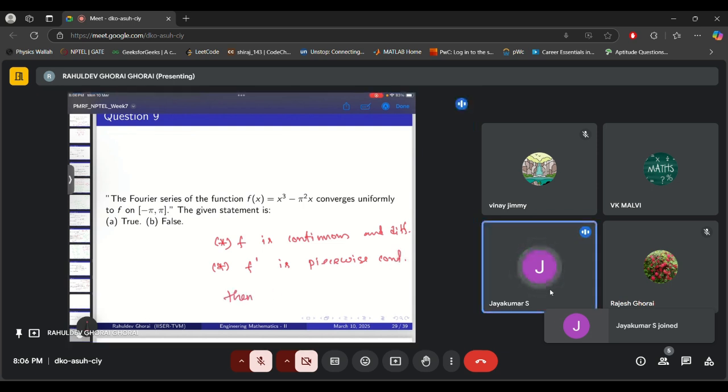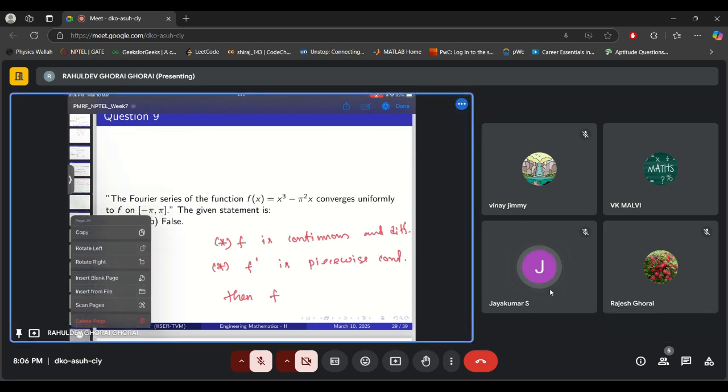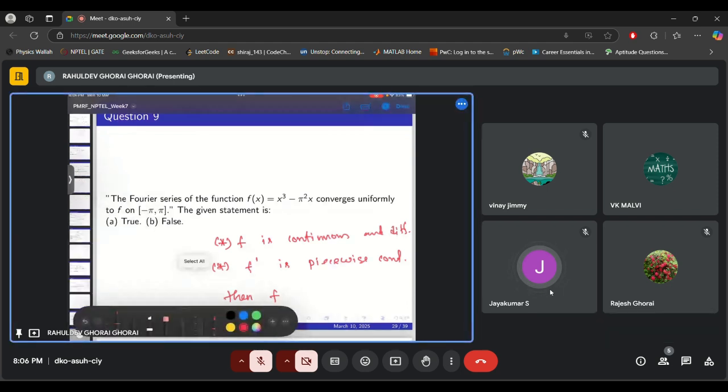Then, one more thing, some boundary condition also I wanted to put. What is that? So f of minus pi equal to f of pi equal to 0.